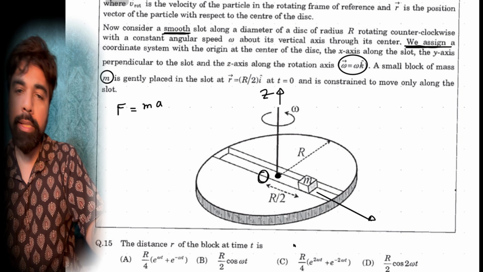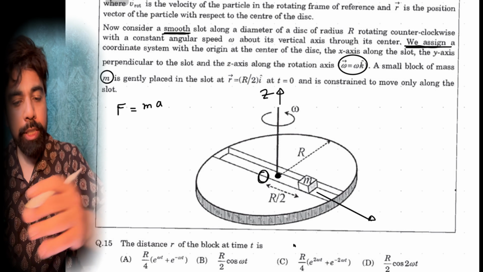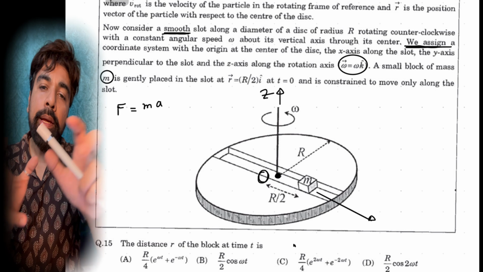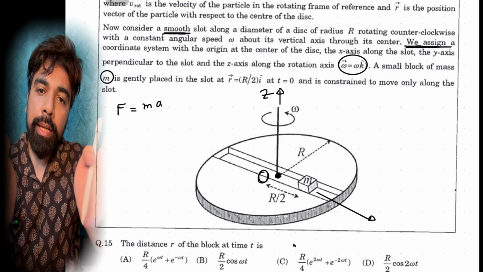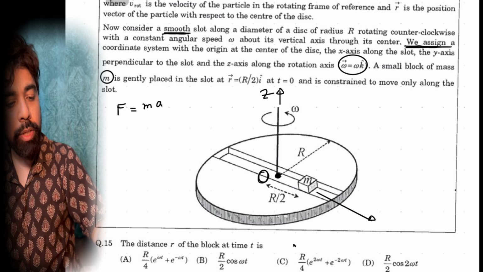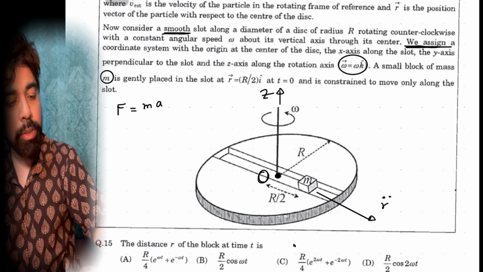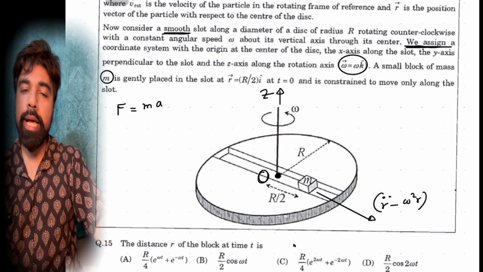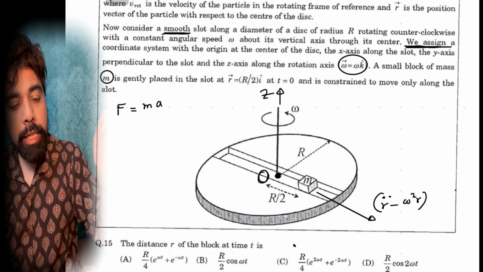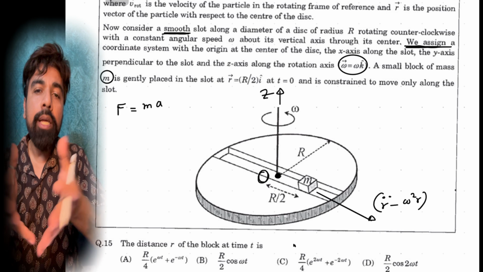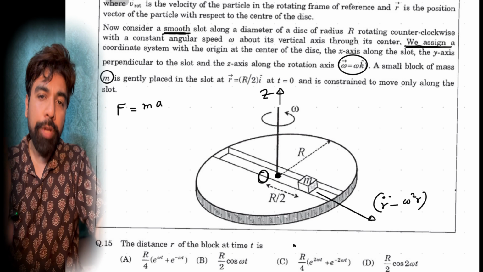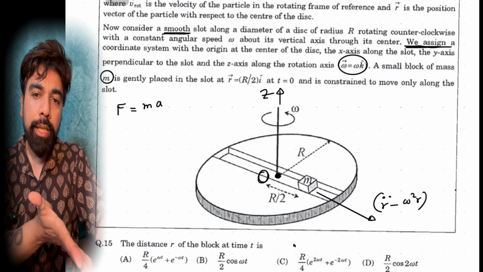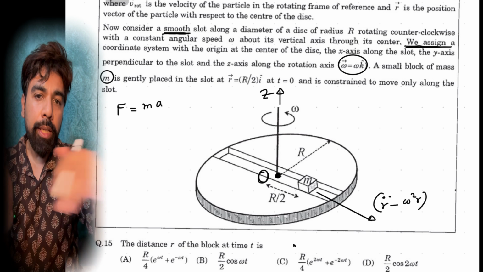Mass into acceleration. Now the theory that we did, what is the acceleration of a block in the direction of radius? The formula is r double dot minus omega square r, right? This is the acceleration. But because there is no real force along that line, there is no friction there, because other than friction, there cannot be any real force acting on the disc along the radius.